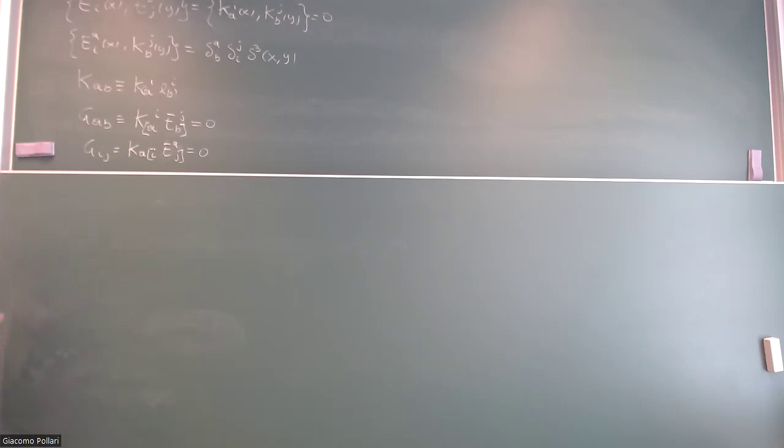So we have four, because the differential has three, in total four constraints. Here in tetradic formalism, we have one more type of constraint, which is the Gauss constraint, because the Gauss constraint says that the action is invariant under SO3.